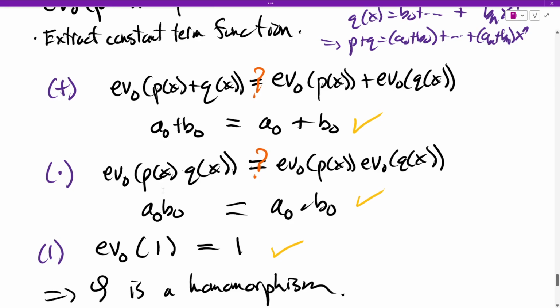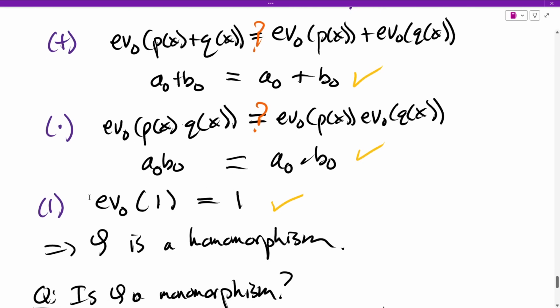And if you want to plug 0 into a product, the definition is you plug it into each one of the terms and then you multiply the output. So this is just, is it compatible with addition and multiplication? Well, it's just how you evaluate a function. So yeah, of course it is. And is it going to be the case that if you evaluate the constant function 1, you get 1? Yeah. And in fact, absolutely nothing here is special about 0.